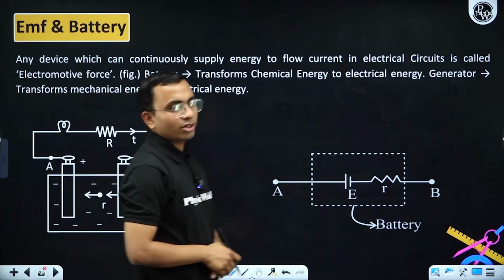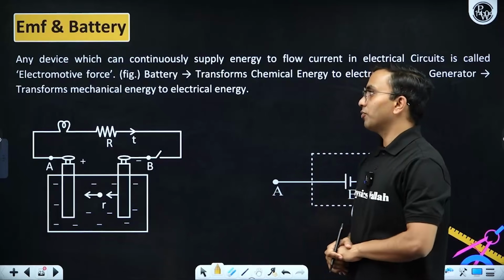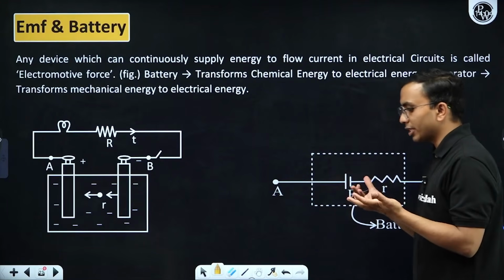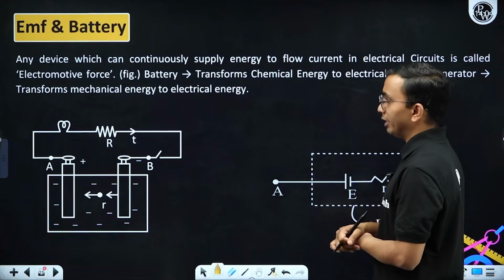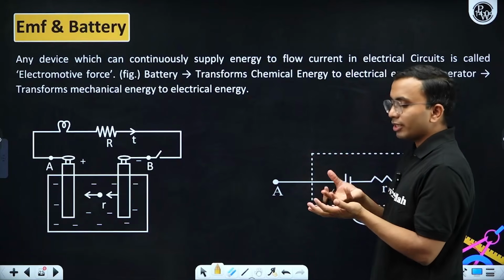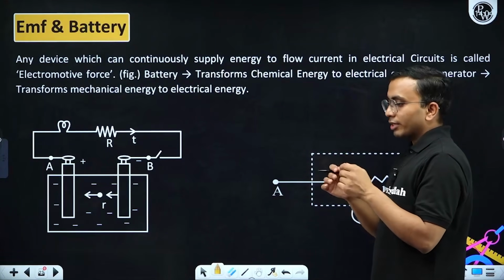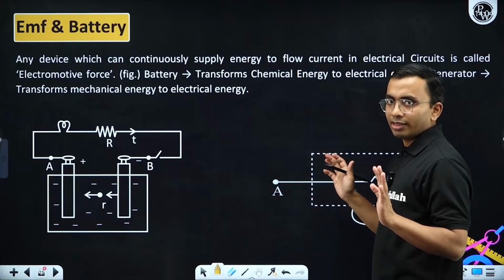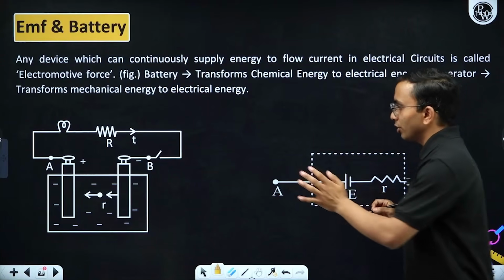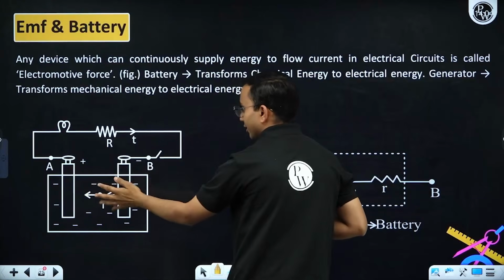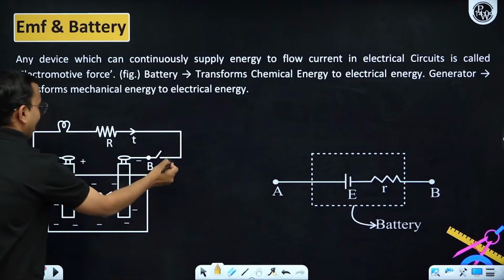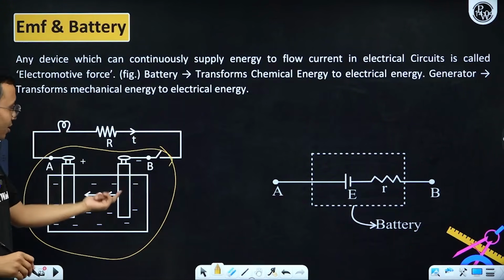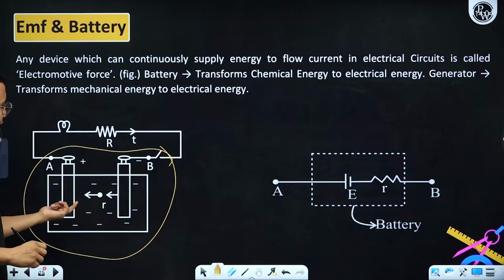Now let us talk about battery and EMF. What basically a battery is? Generally the batteries which we have, lithium batteries, there is a chemical inside the batteries. The chemical energy is converted into the electrical energy by the battery. There is some electrolyte there.